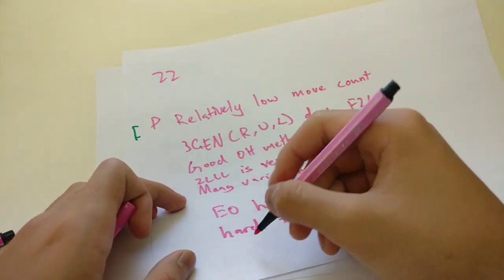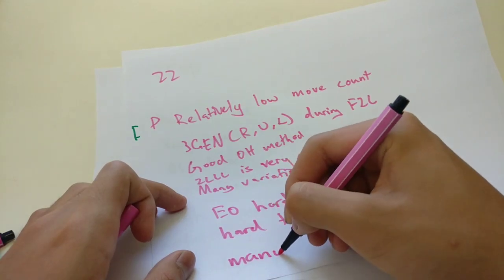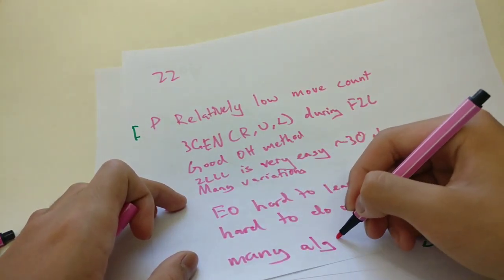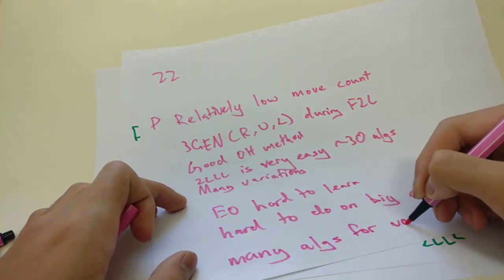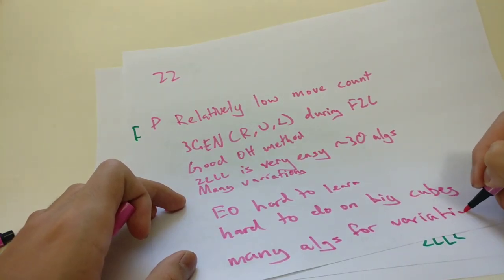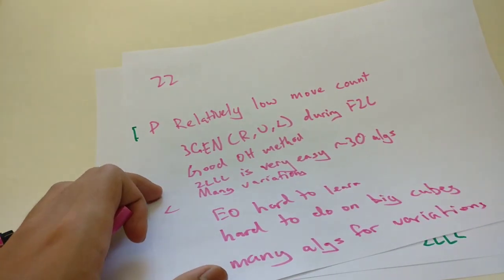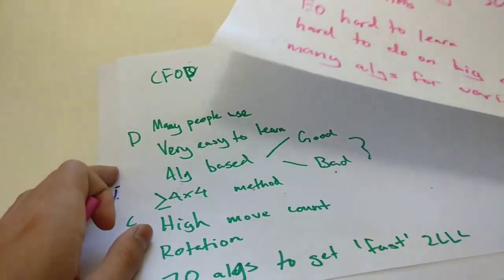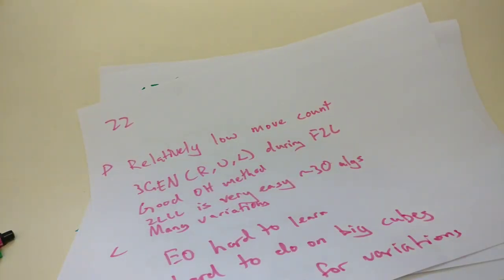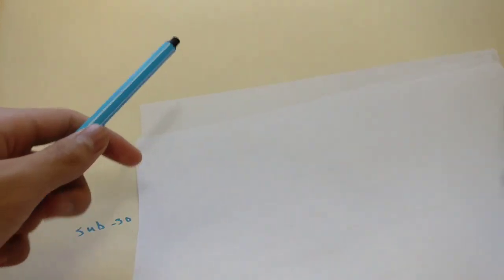And then it's also many algs for the variations. So basically it becomes an alg learning machine thing. So that's what ZZ is. And then lastly we have Roux, which is my personal favorite method, but it isn't necessarily the best method. It's all down to personal preference.